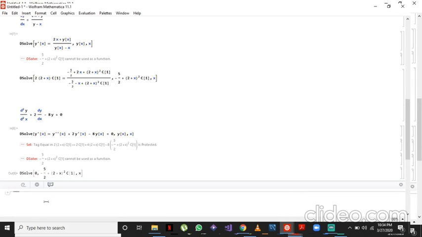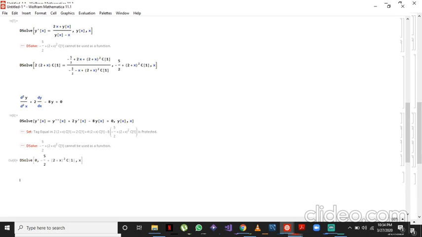Moving on, another question, just to make sure that you can grasp correctly how this software works on first order and second order differential equations. Same equation as above, let me just copy it down.